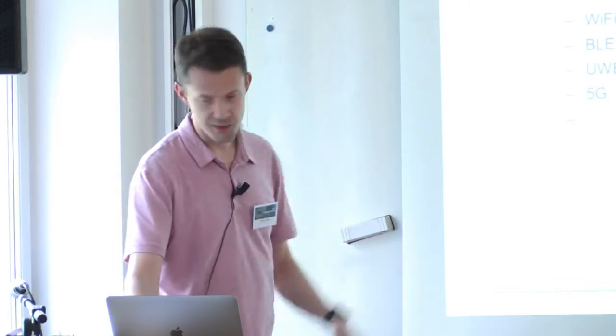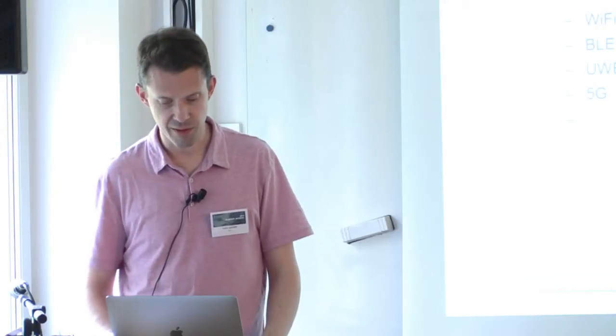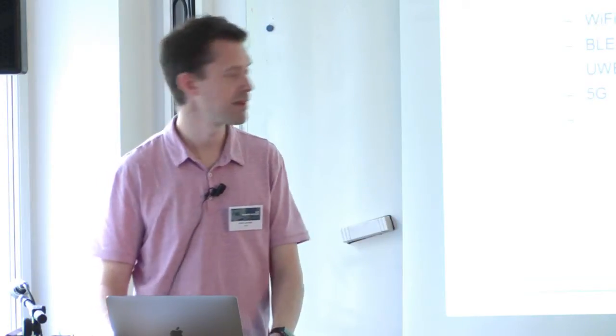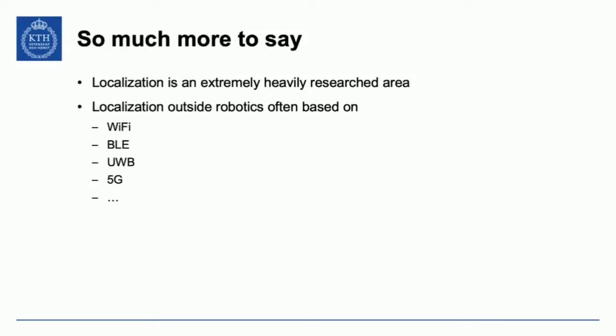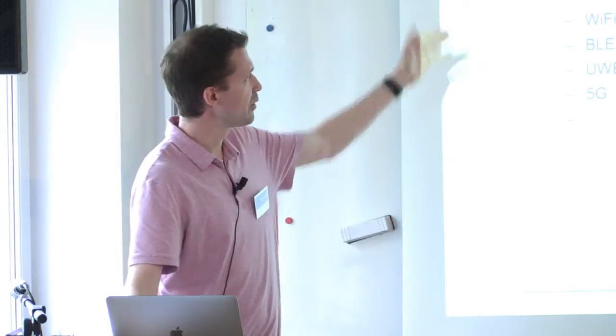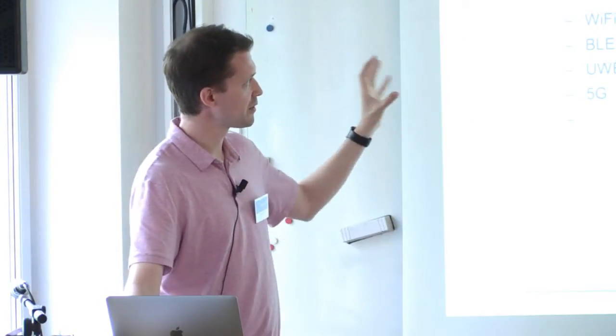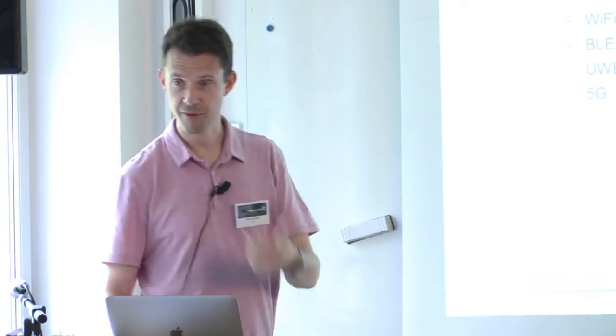This is an area that has been researched massively over the past decades. I don't know exactly when it started, I guess thousands of years ago when people tried to go from one place to another overseas, for example. If you look outside robotics, there are a lot of other sensors that are often used. So Wi-Fi is quite often used.